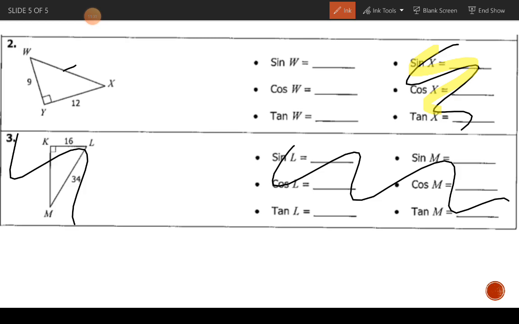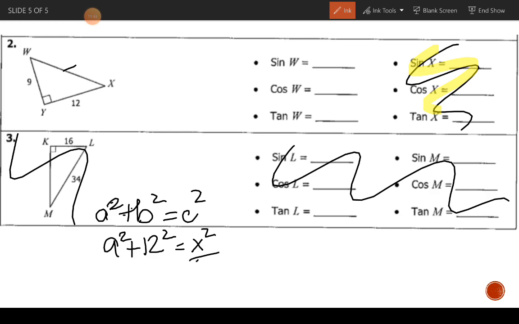So we have a squared plus b squared is equal to c squared. So 9 squared plus 12 squared is equal to, again, we're looking for that hypotenuse. So 9 squared plus 12 squared is 225 is equal to x squared. Take the square root, and I get x is equal to 15. So my missing hypotenuse is going to be 15.